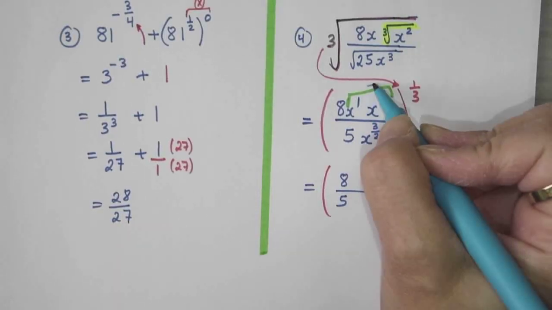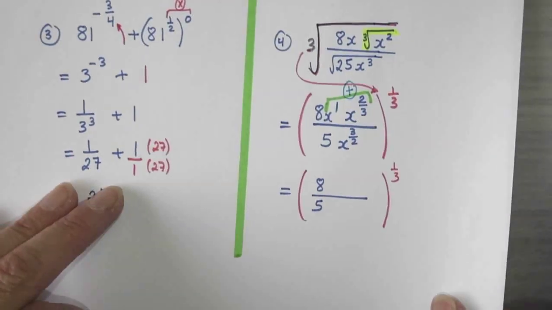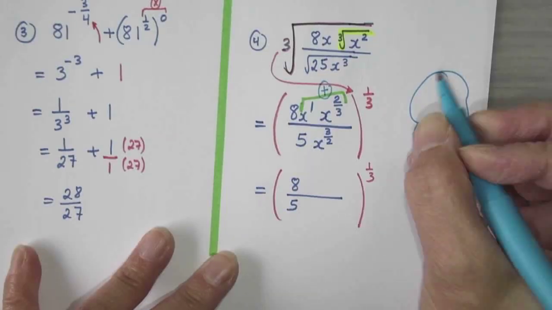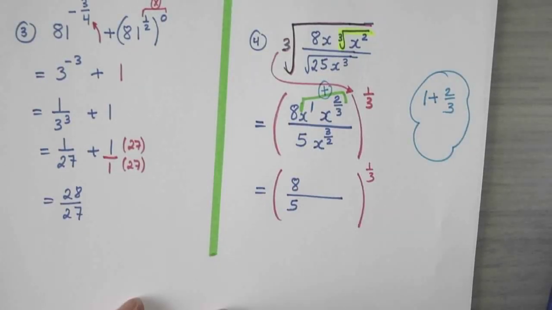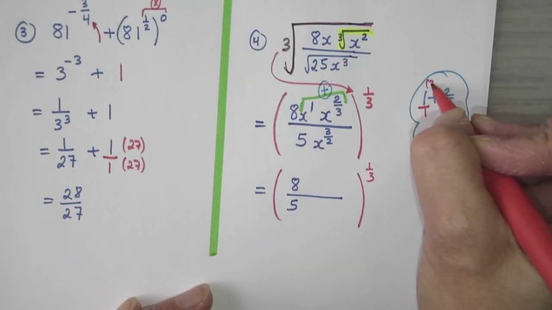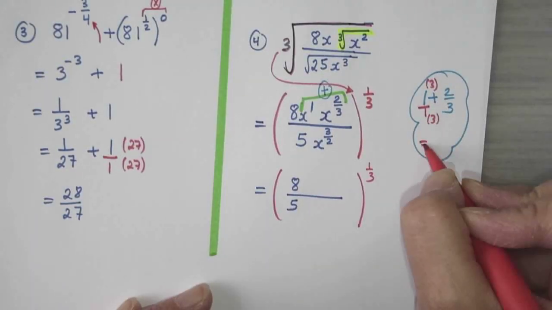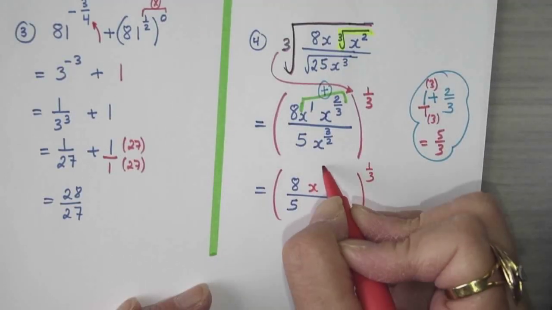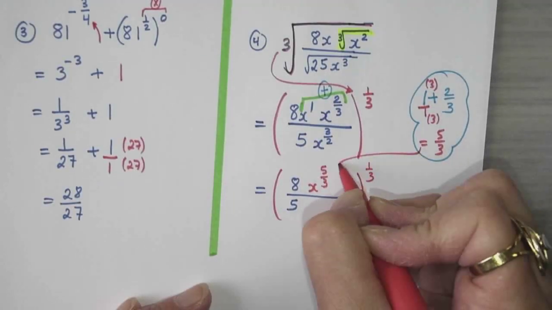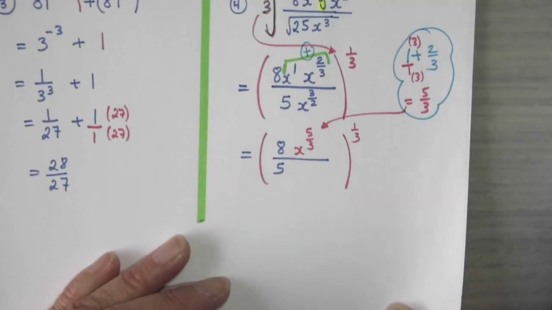So you're going to add those two. On the side, in your rough paper, you're doing this on the side, I don't need to see it. It's 1 plus 2 over 3, and that's over 1, so 3 over 3. So that'd be 5 over 3, and so that's now x to the 5 over 3. So that's this one. Is that okay? Did I do that right?